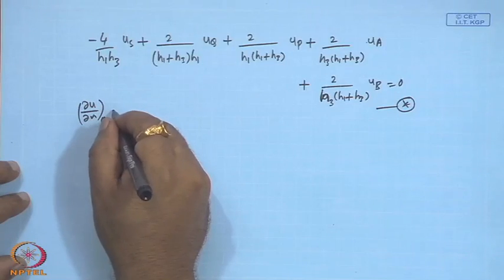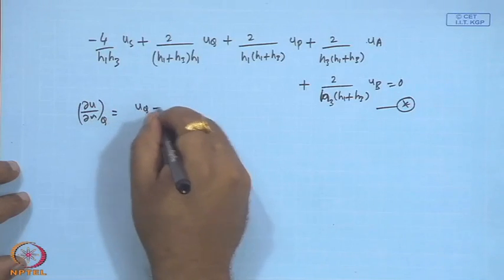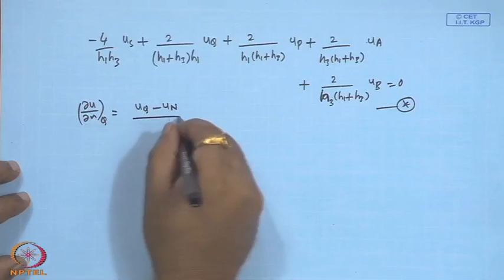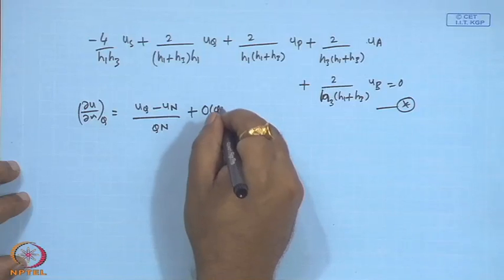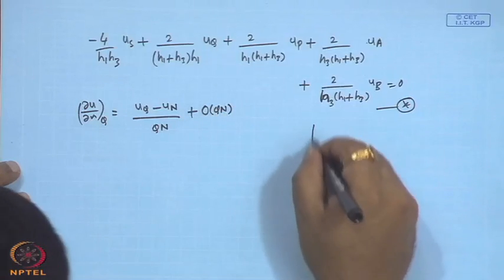So, dou u by dou n at Q can be written as (u_Q minus u_N) by QN. Of course, this is up to first order.